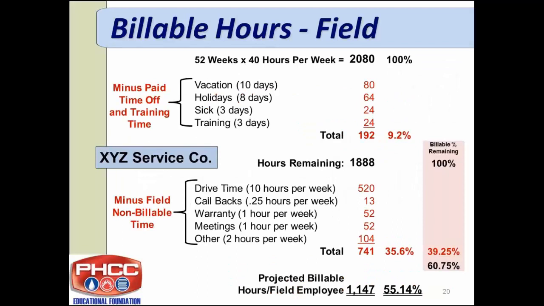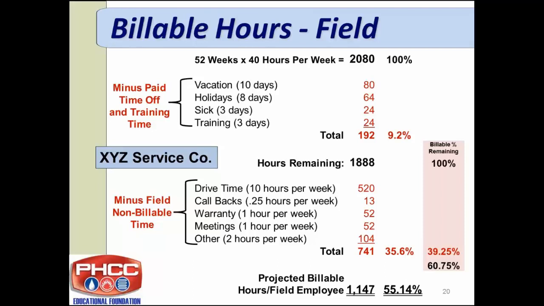So when we're looking at the billable hours that a field tech will have, we have to start by taking off the top the time that they're not going to be at the company at all. So when we're talking about vacation time, in this company the techs get 10 days. 10 times an 8-hour day, that's 80 hours off the top. Holidays, 8 days a year, federal holidays that this company will give to their techs, so that's another 64 hours.